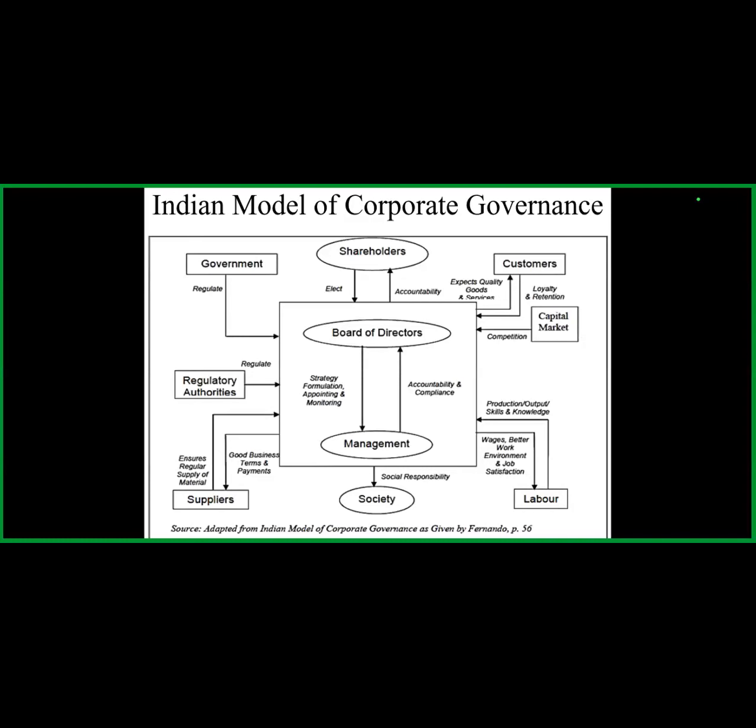To avoid such practices, the government's role is very active in the Indian system of corporate governance. So the government plays a regulatory role. It regulates what? It regulates the rules and regulations, and the procedures through which the company has to function.